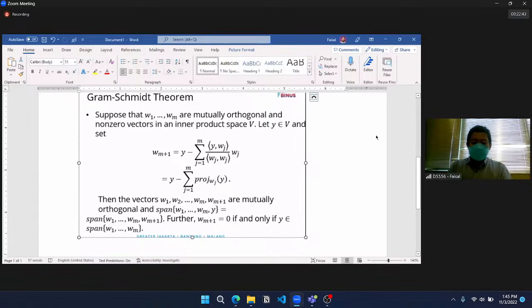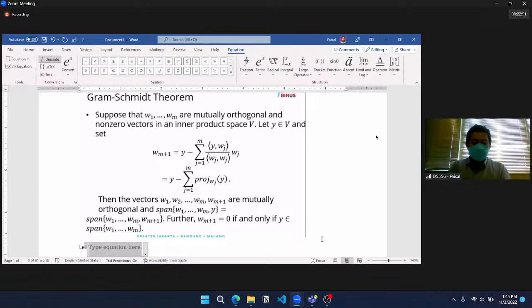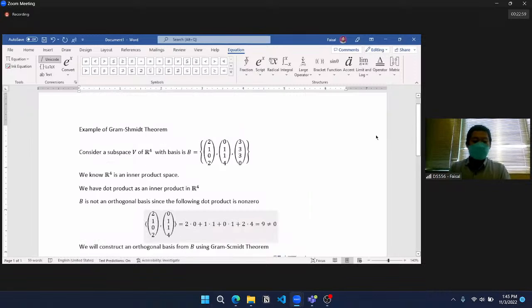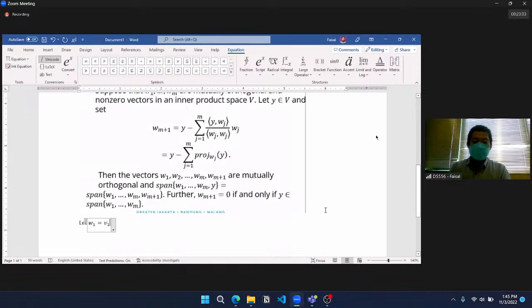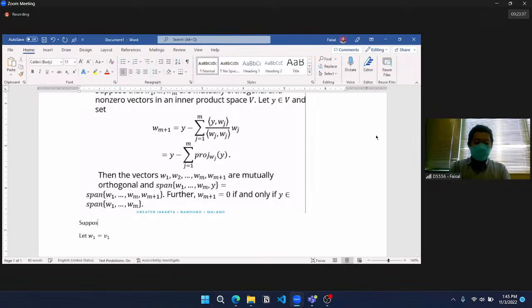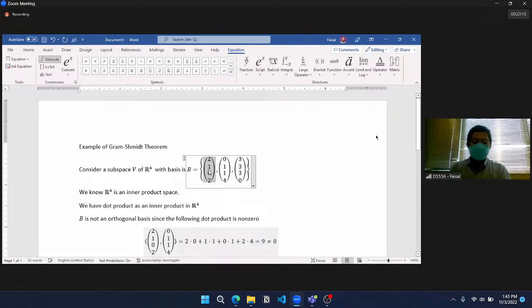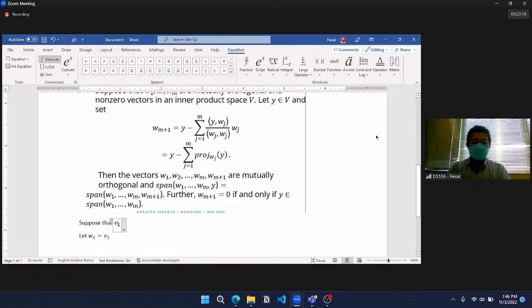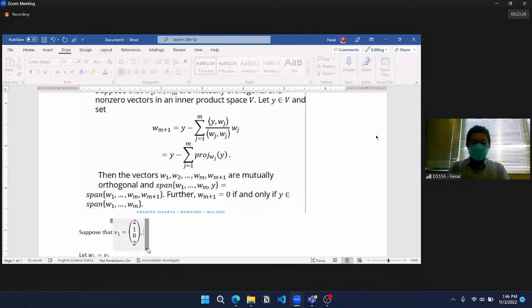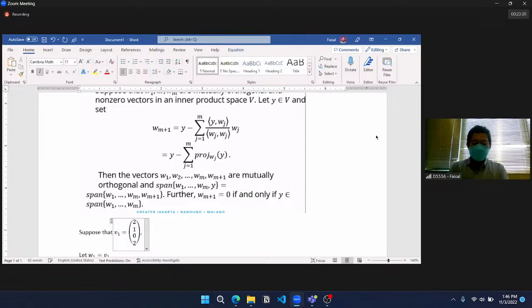So we can let the first vector, W1, be equal to B1, the first vector in basis B. Suppose B1 is the first vector, and B2 is the second vector.